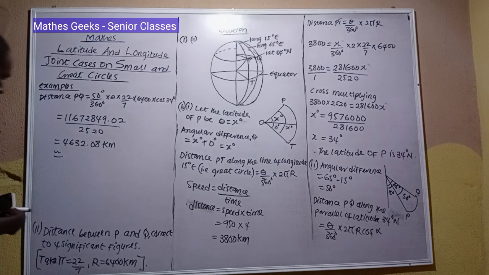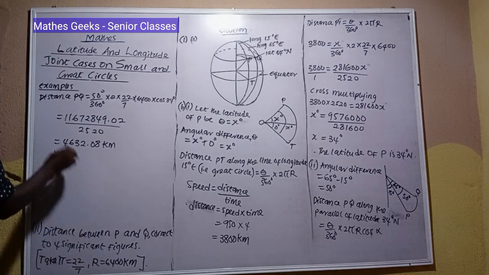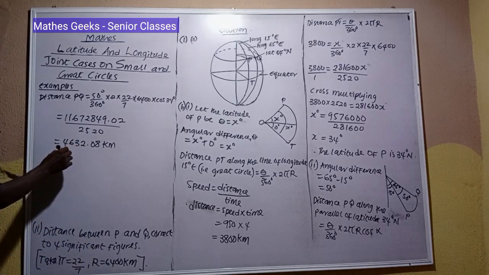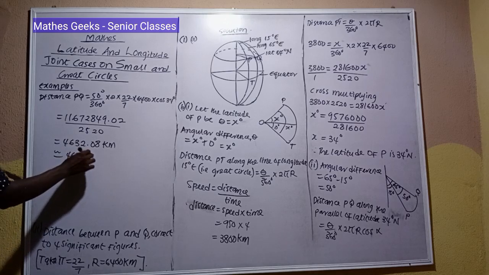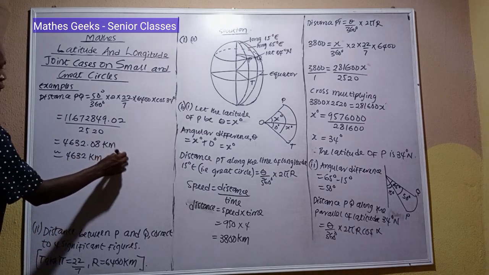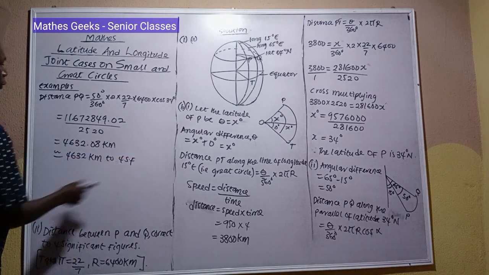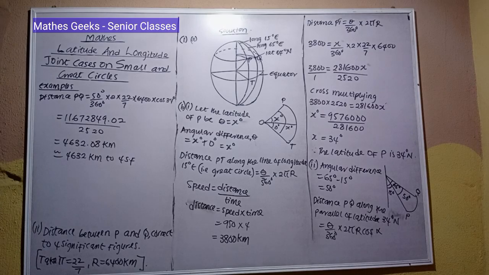So 4 significant figures, 1, 2, 3, 4. So that will give us 4632 kilometers to 4 significant figures. So that's the answer.